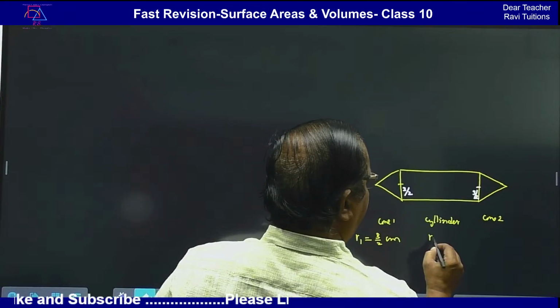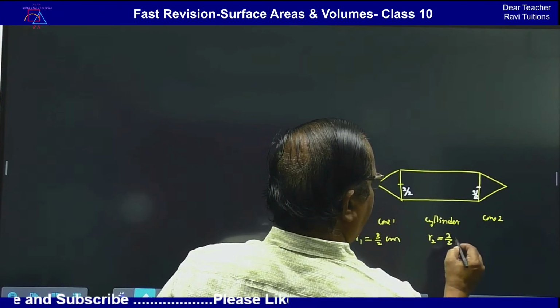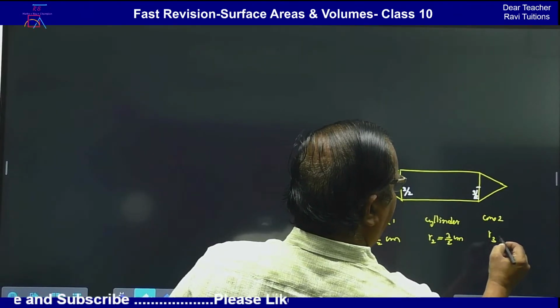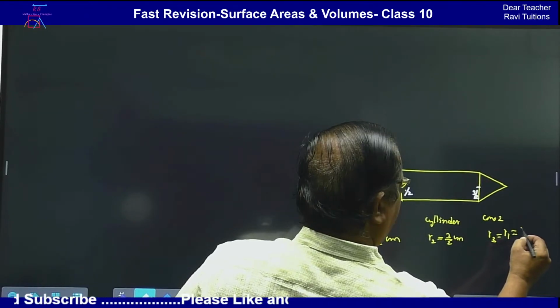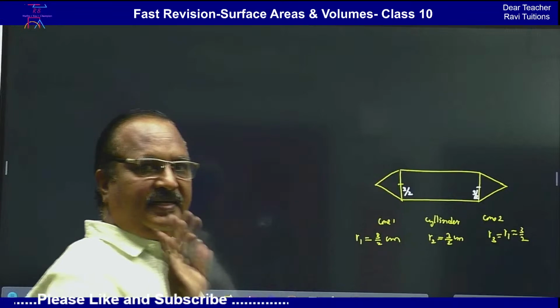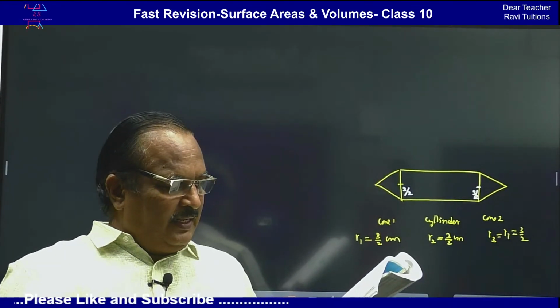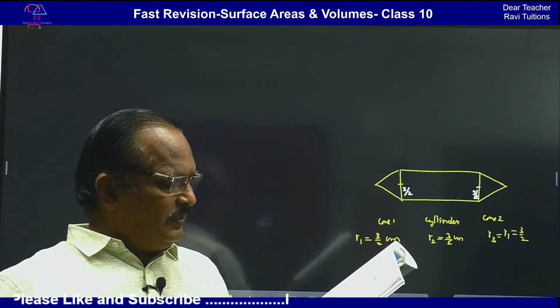And R2, the radius of the cylinder, is also 3 by 2 centimeter. And this is R3, which is also equal to R1, which is 3 by 2. All radii are the same. You can keep only R also. And the length is 12 centimeters.